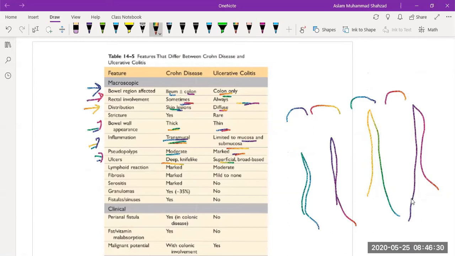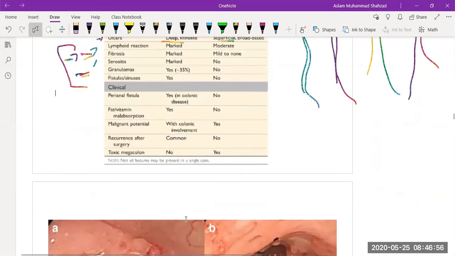So if you compare even the features, you can easily say that Crohn disease is more severe as compared to ulcerative colitis. Then we see some other characteristics like fibrosis, granuloma, serositis. You can take a look. They are marked in Crohn disease as compared to ulcerative colitis.